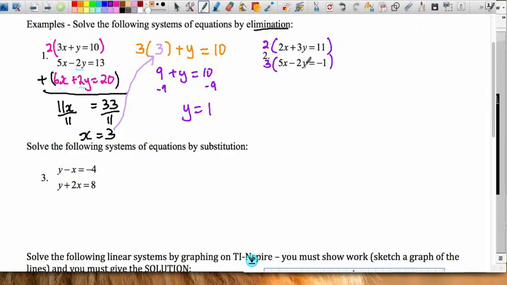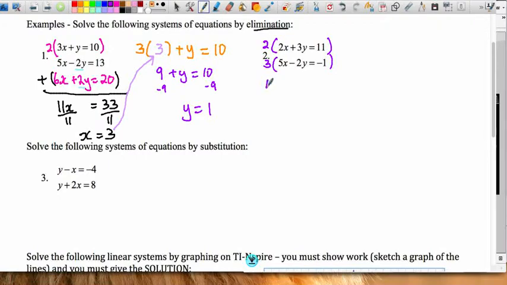What I'm attempting to do is to get the two y variables to have the same coefficients but with opposite signs. The alternative could have also been to multiply the first equation by 5 and the second equation by minus 2, and that would have got the x's to line up also with coefficients that are the same and opposite signs. This one is just slightly less work, and so it's more efficient.